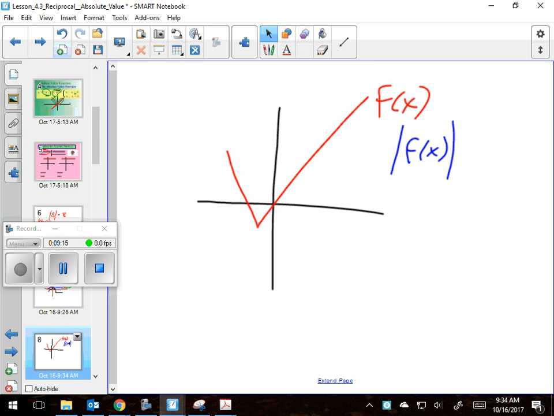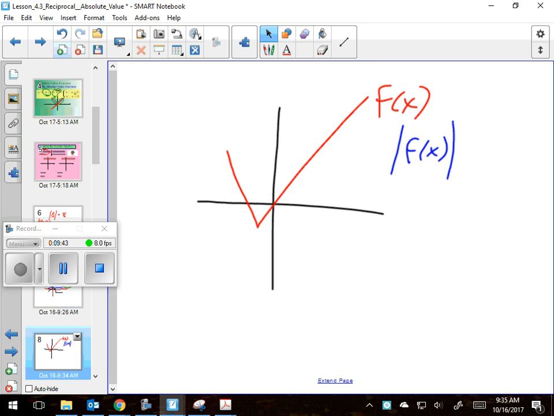Then I'm just going to give you a piece of scratch paper the old-fashioned way. There you go.